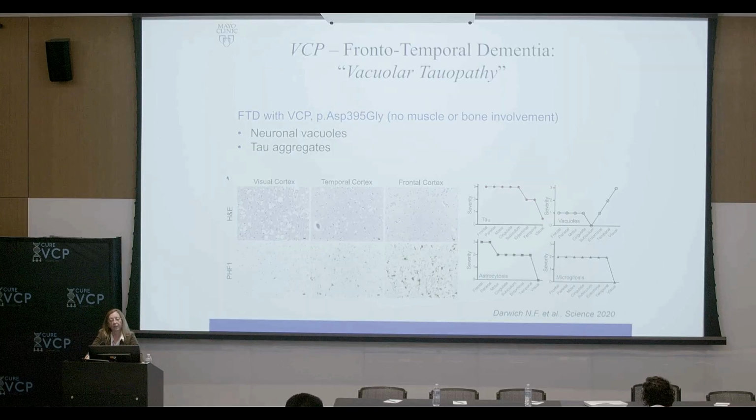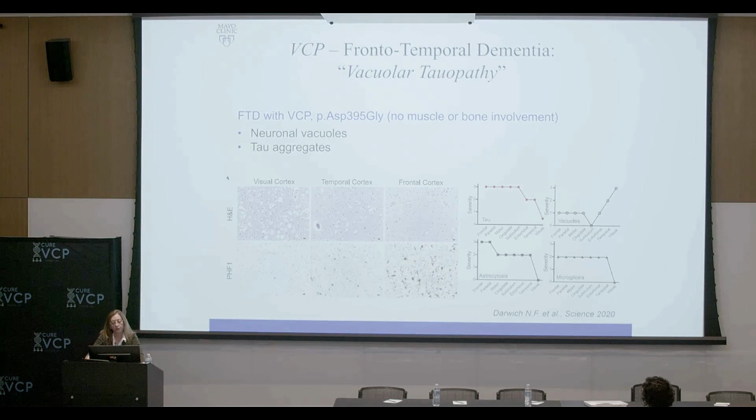So these two families had isolated dementia with clinical features of frontotemporal dementia associated with this particular VCP variant at position 395. But the pathological findings were quite peculiar.